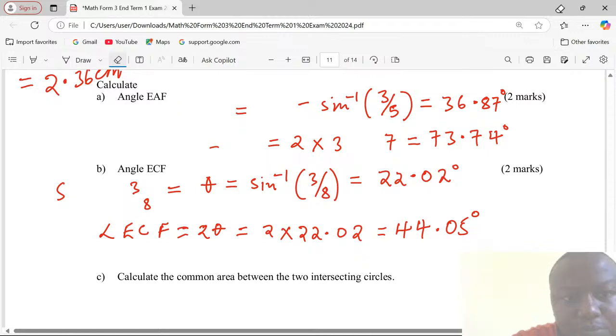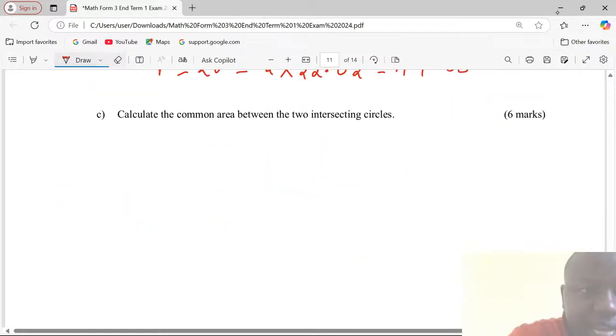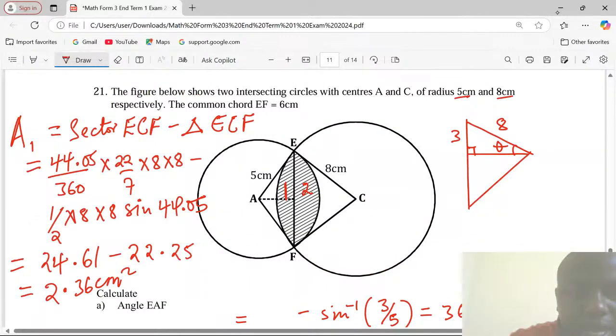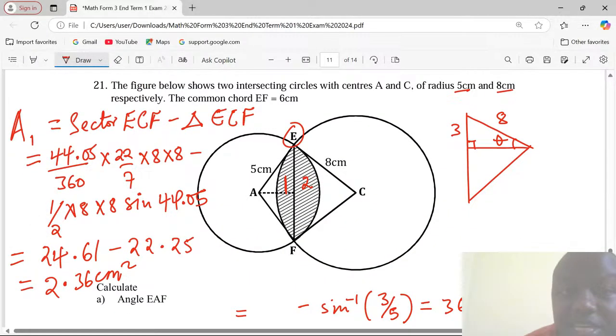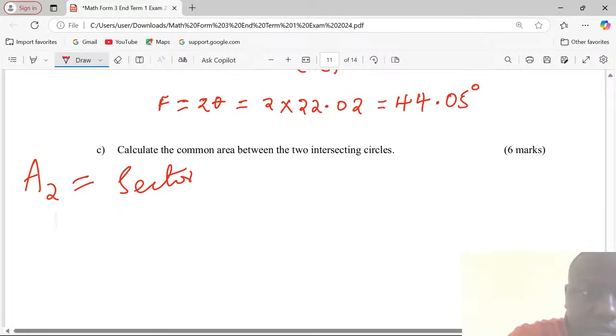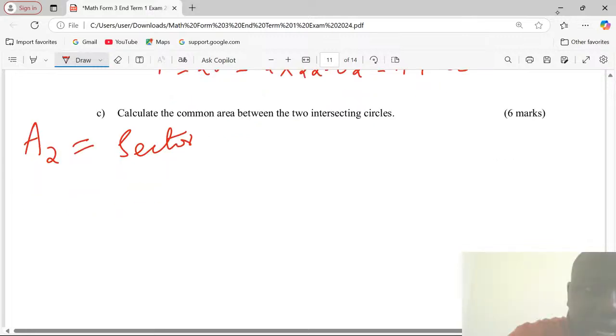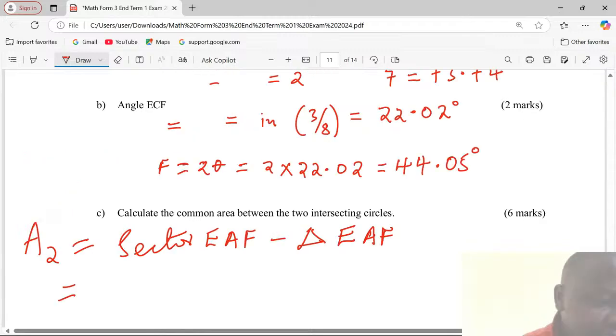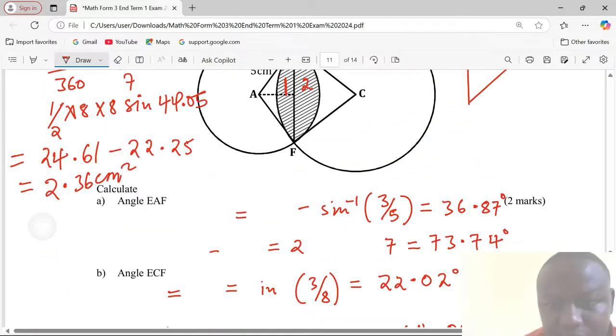I'm working on the space here. For me to get area 2, I need sector EAF, and I subtract triangle EAF. Therefore, for the sector, theta over 360, what is theta?